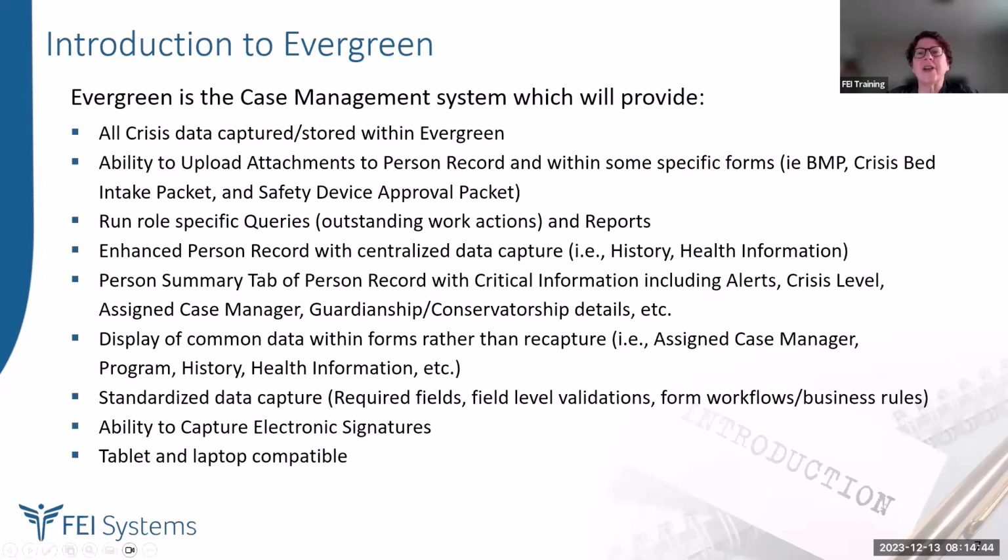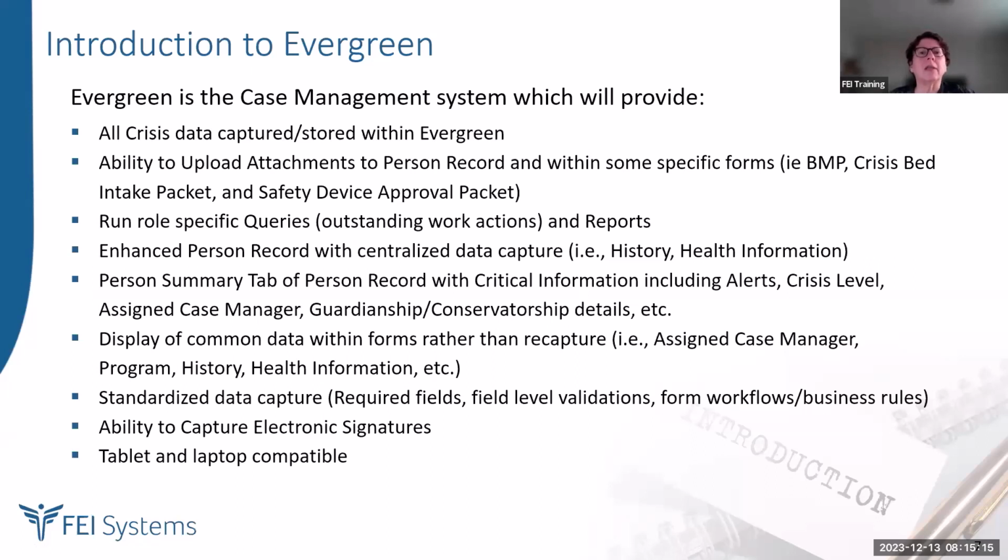Now, in addition, you're going to find that there is an enhanced person record, and there's information that's captured in that person record. And with it being captured there, it automatically populates certain forms and certain other areas of the system. You're going to find that there's a person summary tab that has critical information about the person.